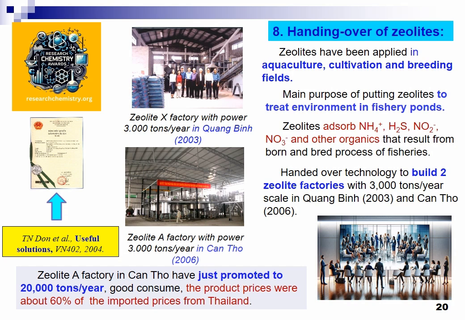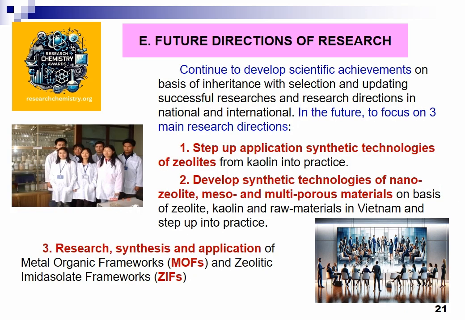The zeolite factory in Cần Thơ province has since been expanded to 20,000 tons per year, and its product price is about 60% of the import price from Thailand.